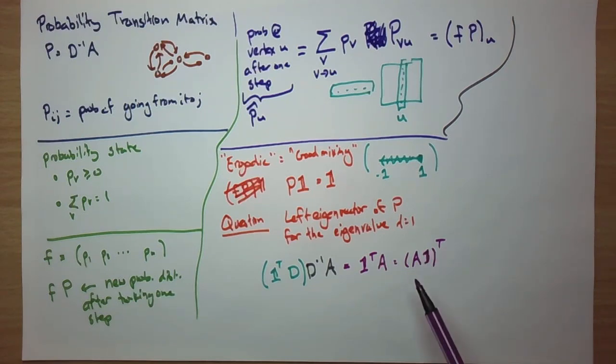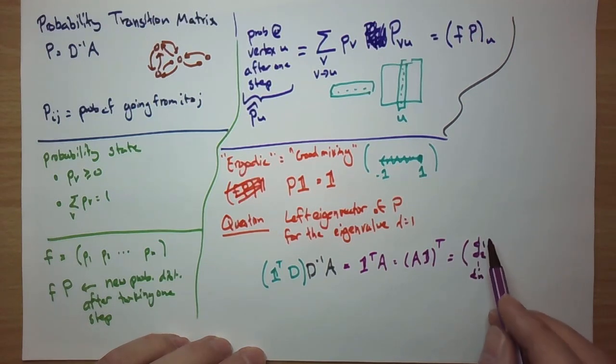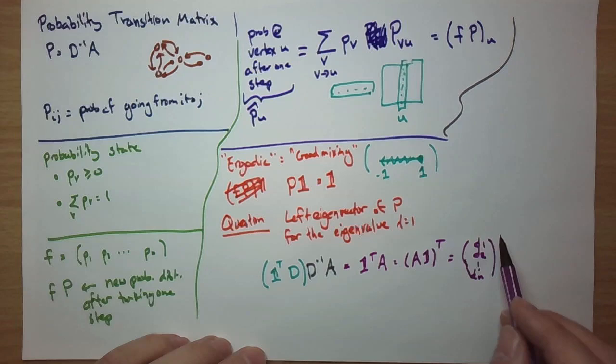But still, what's going on? Now instead of column sums, we can think of row sums. What are we finding when you do row sums? It's just the degrees. Yeah. So it's degree 1, degree 2, down to degree n, transpose.